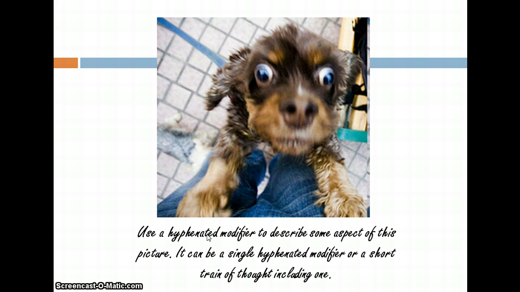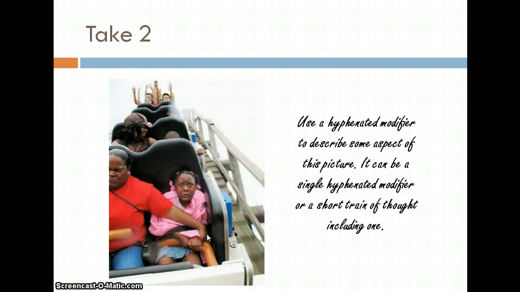Okay, we're going to move on to the next picture. So this is the second attempt at trying to use a hyphenated modifier. You can see there's a lot to write about in this one. Again, it can be from any perspective, but you're going to try and write a hyphenated modifier that describes something going on.